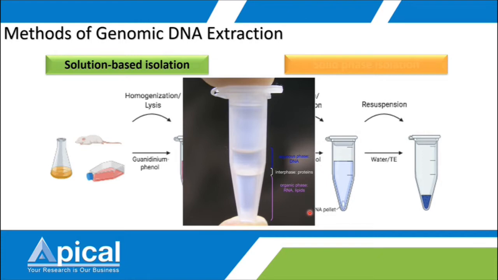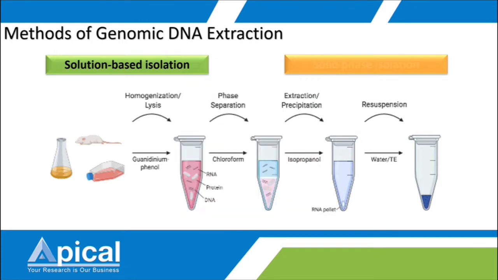After the phase separation, you will need to pipette out the aqueous layer which carries the DNA into another tube and then proceed to DNA precipitation by using ethanol or isopropanol.